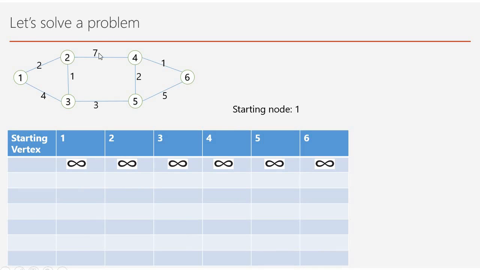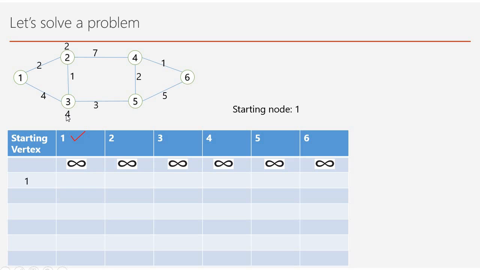In this graph, let me take the starting node as 1. So initially initialize all the nodes to infinity, and the starting vertex is 1. If I take 1 as a starting vertex, or starting node, or local node, or root node, then to reach node 2, I need a weight of 2, and to reach node 3, I have a weight of 4.